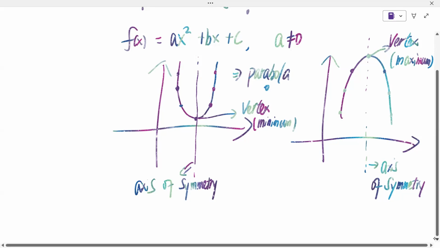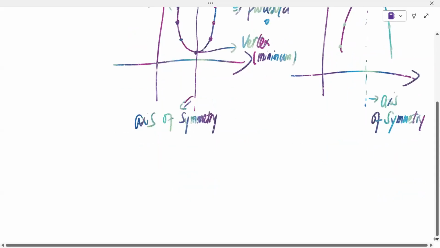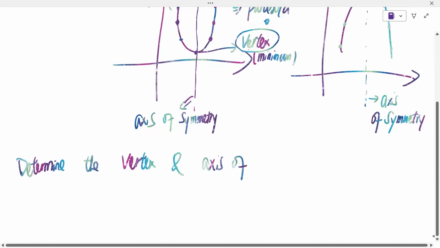And now let's work on the function itself. Let's learn how to complete the square. Let's analyze the function itself to figure out where the vertex is. So we're going to determine the vertex and the axis of symmetry from the function itself, right?